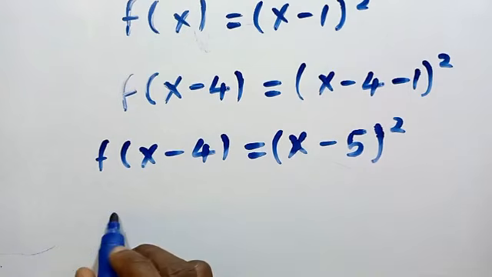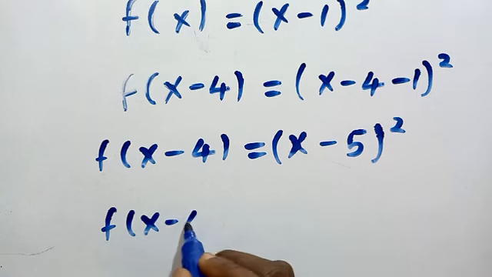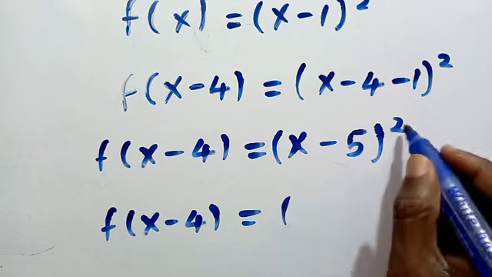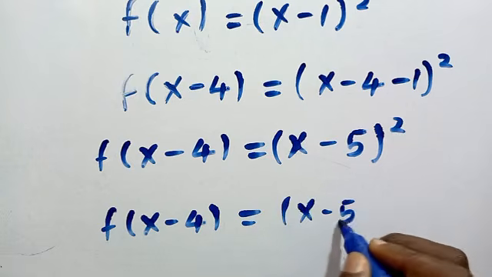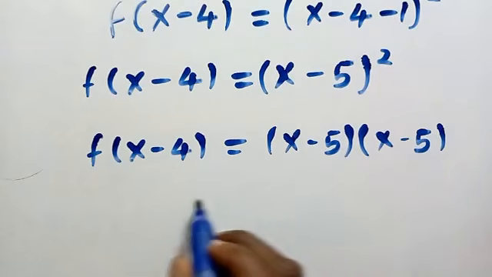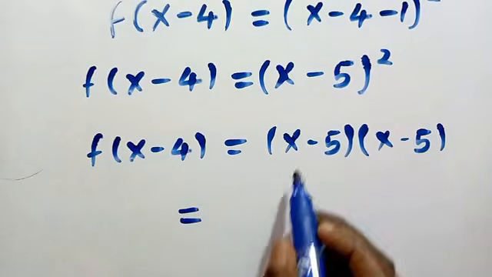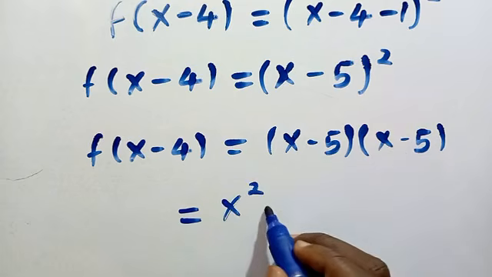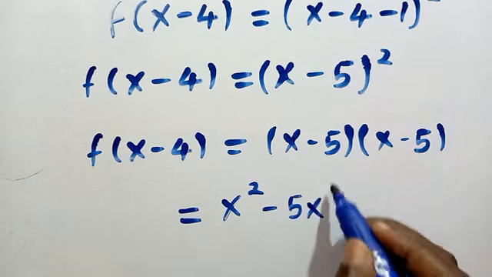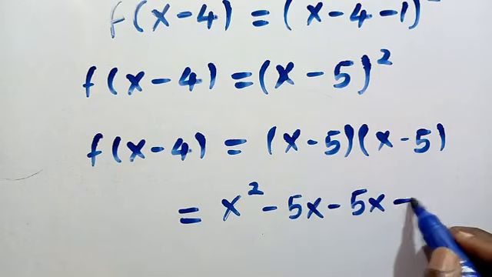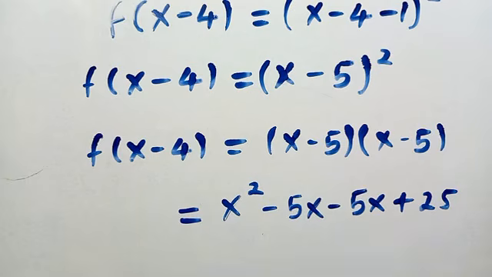By expanding this, we have f of x minus 4 equals, we write this two times because it is a square. That is x minus 5 multiplied by x minus 5. So x times x is x squared, x times minus 5 is minus 5x, minus 5 times x is minus 5x, and minus 5 times minus 5 is plus 25.